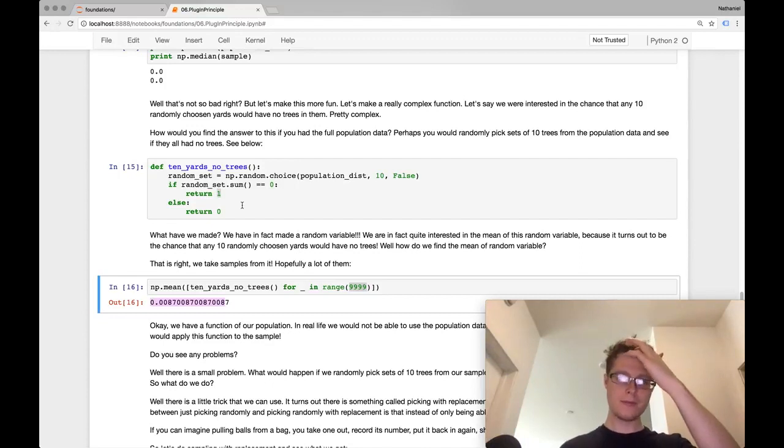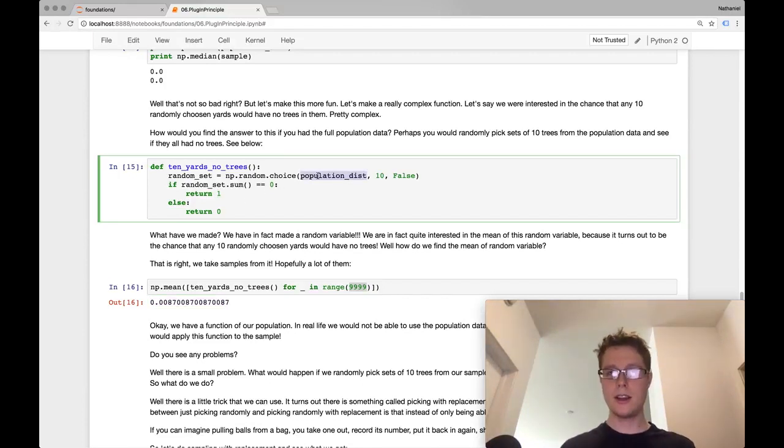Okay. Pretty cool. Now here's the question. We were able to do this with the population, right? So we had the population in this case. Can we do this with just the sample? Okay, well, I said that the plugin principle was great. All we had to do was take the function and apply it to our sample, right?